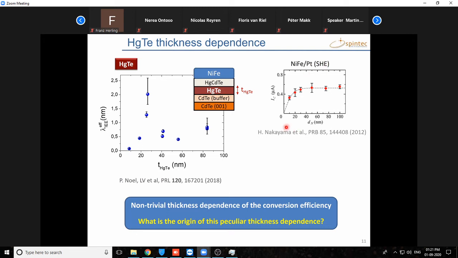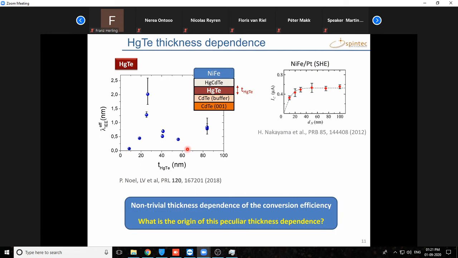In the case of platinum, you have a sinus hyperbolic rise of the signal, and here we rather see a kind of optimum, a peak at some finite thickness. So how to understand this feature? So first an increase and then a decrease of the conversion efficiency.